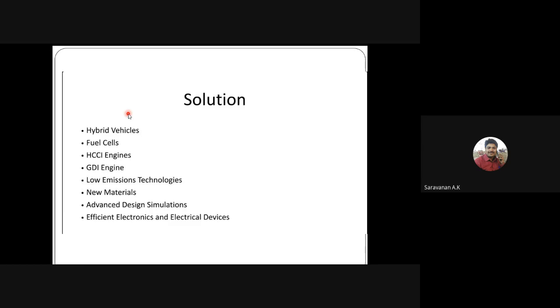We have to introduce new technologies to overcome the difficulties faced in the conventional SI and CI engines. That solution will give somewhat better fuel consumption and somewhat better emission control. In this class we are going to see the introduction of the HCCI engines.